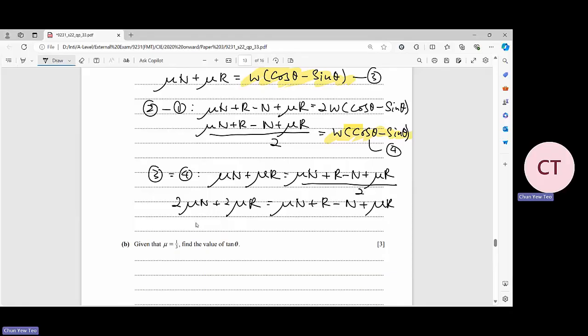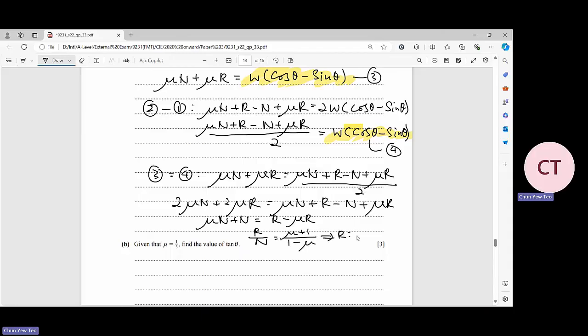Okay, then at the end, you will get mu N plus N is equal to R minus mu R. So at the end, R divided by N is equal to 1 plus mu over 1 minus mu.